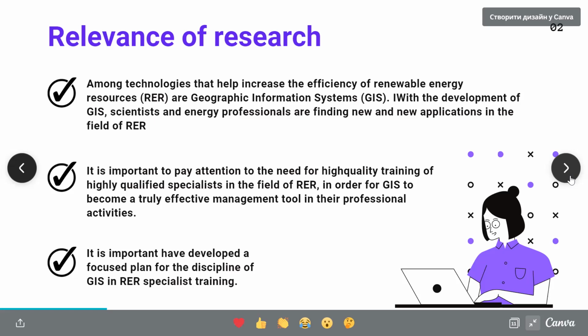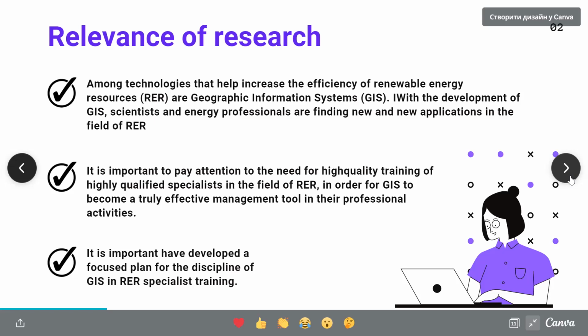With the development of GIS, scientists and energy professionals are finding new applications in the field of renewable energy resources. At the same time, it is important to pay attention to the need for high-quality training of highly qualified specialists in the field of RER in order for GIS to become a truly effective management tool in their professional activities.